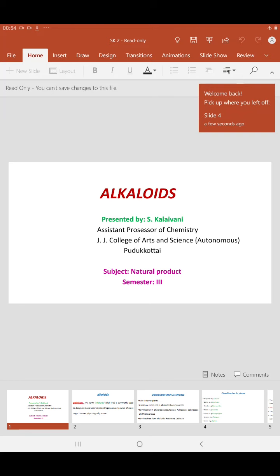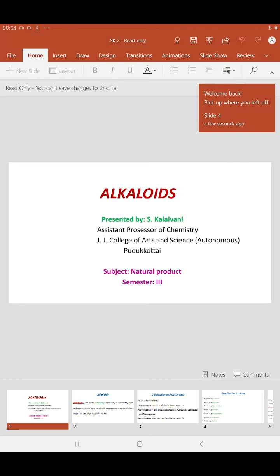Simply said, a member of a large group of chemicals that are made by plants and have nitrogen in them. Example: morphine, quinine, nicotine, caffeine, etc.